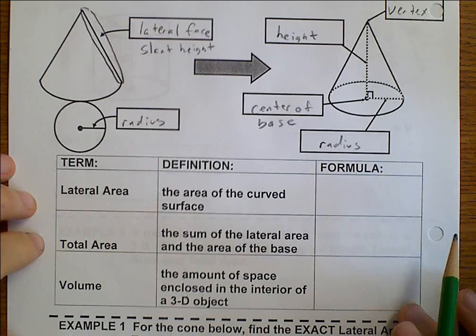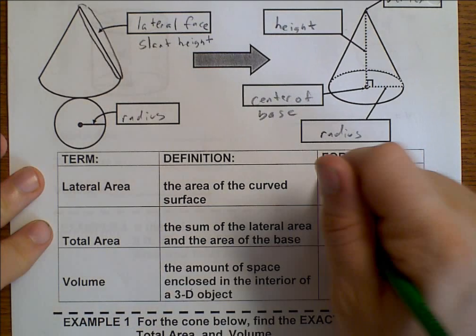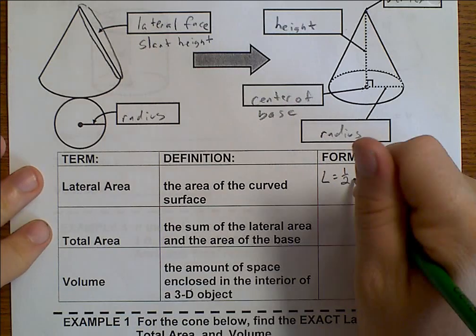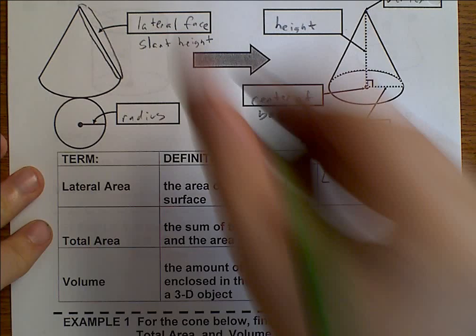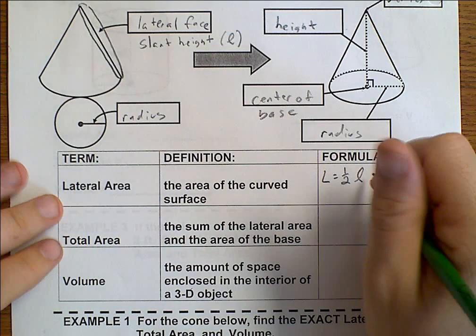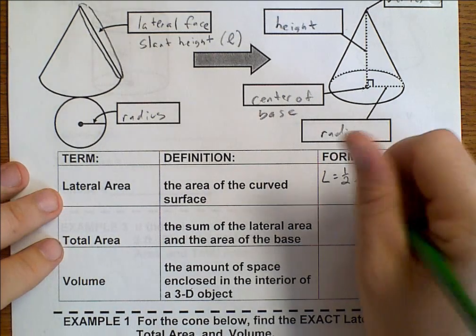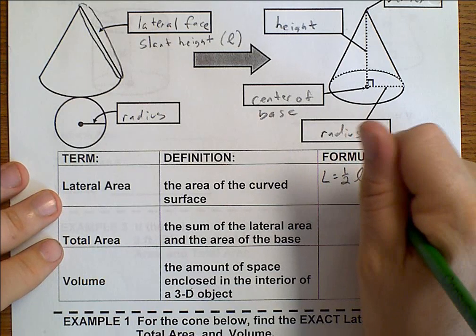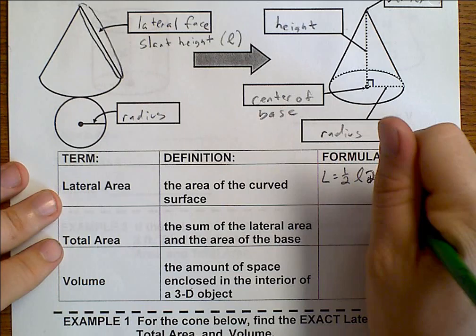Now for the lateral area, it equals 1/2 of the slant height times 2 pi r.